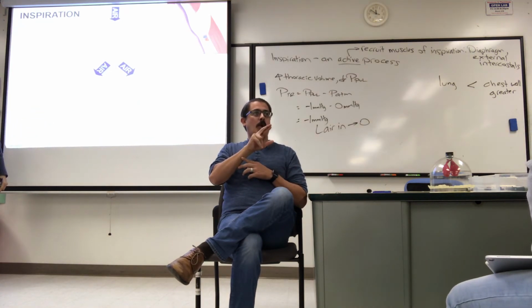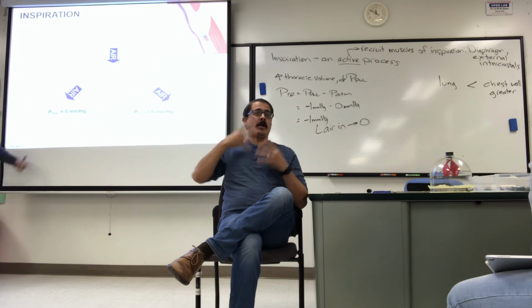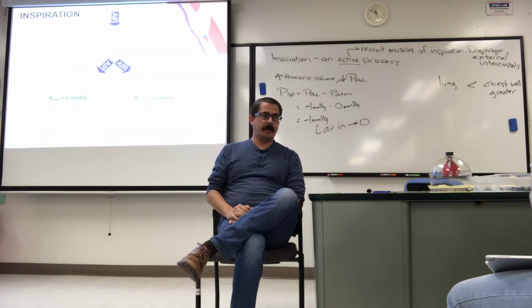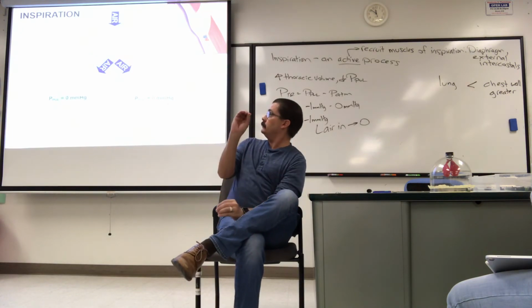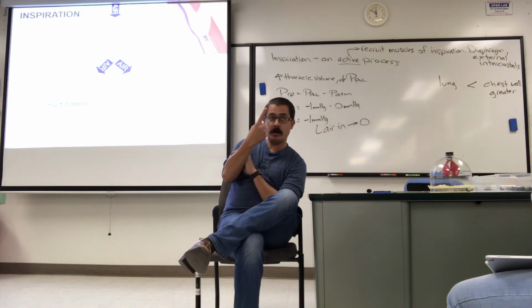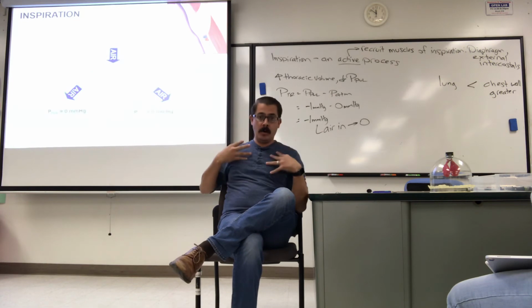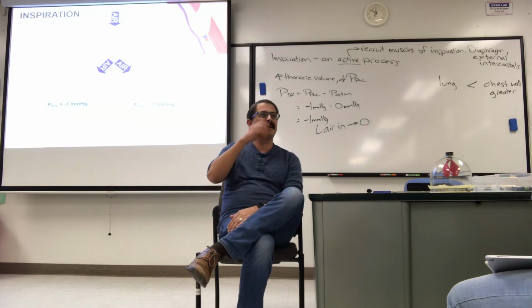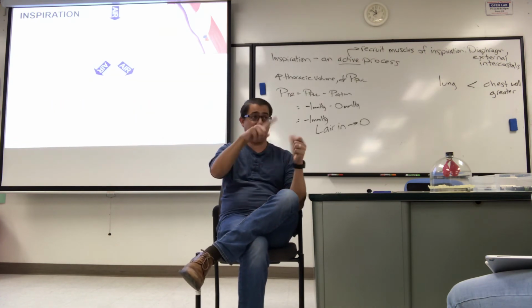Air rushes in to fill that vacuum until it equilibrates. Okay? So now one more time. It's 0, and it changes to what? -1. Air rushes in until it equilibrates.